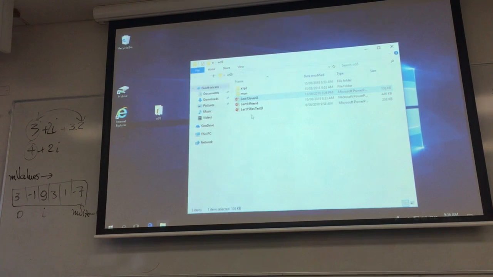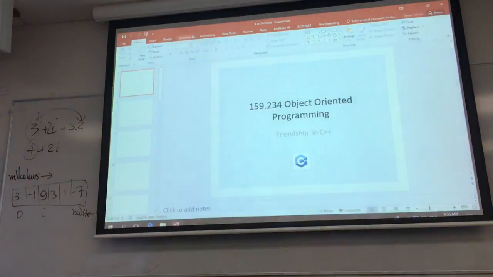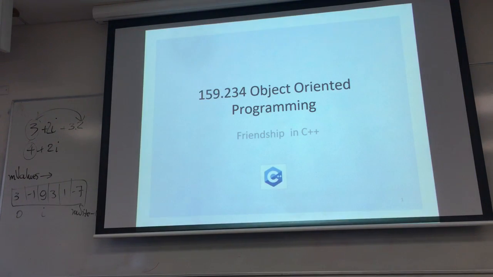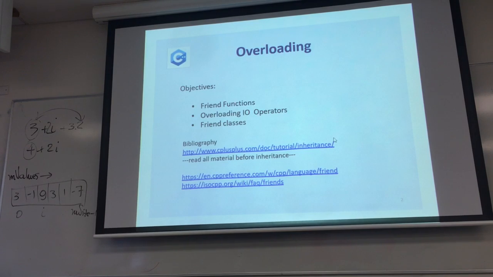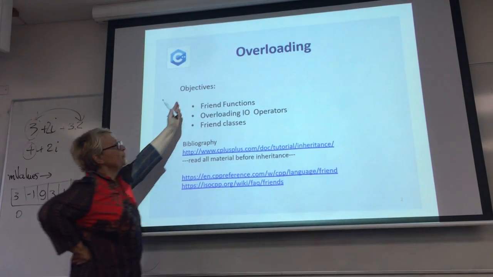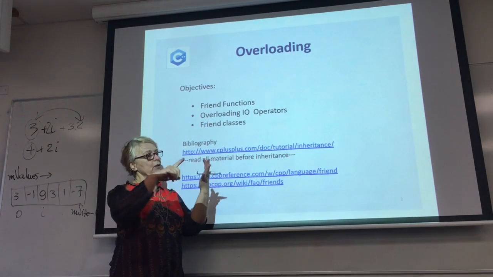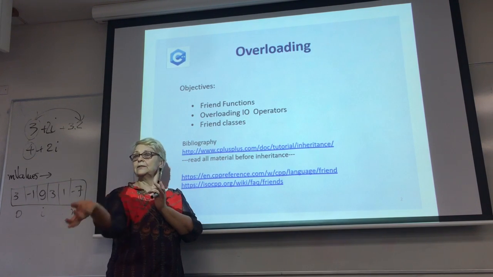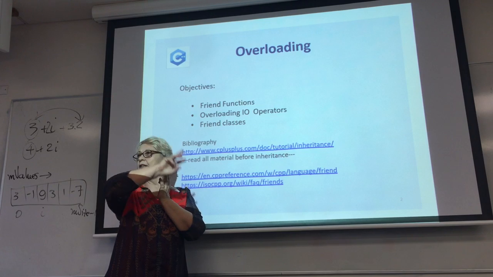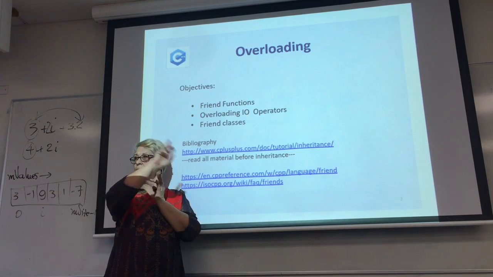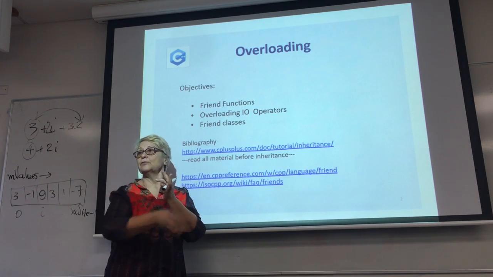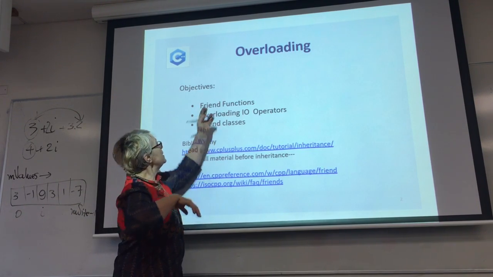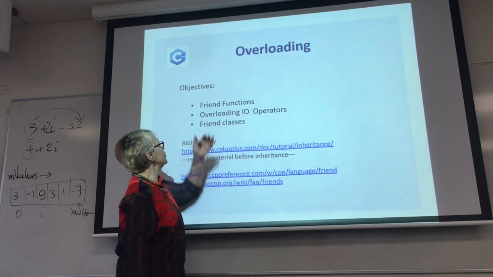Therefore, a mechanism was introduced, again, to make the language a little bit more efficient. And this is the friendship relation. We have talked about composition, when a class can be used as a member of another class. You construct a class from another class. We will see inheritance is another relationship, and here is another relationship, friendship.